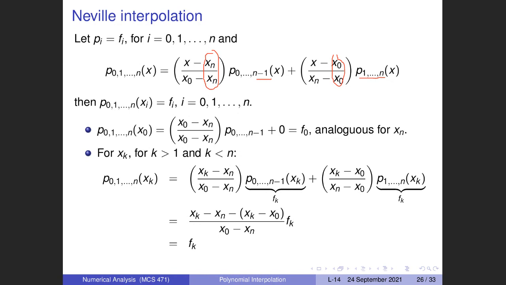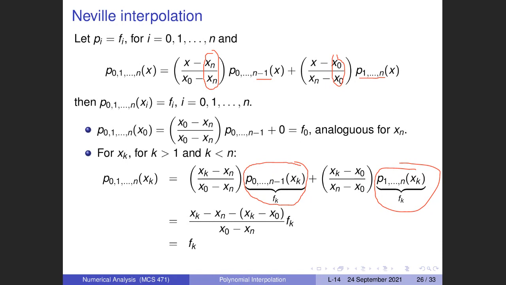And there actually we do have to simplify the expression when we apply the induction hypothesis. So we apply the induction hypothesis that the polynomials here actually interpolate. And then we follow from the simplification that this interpolates.